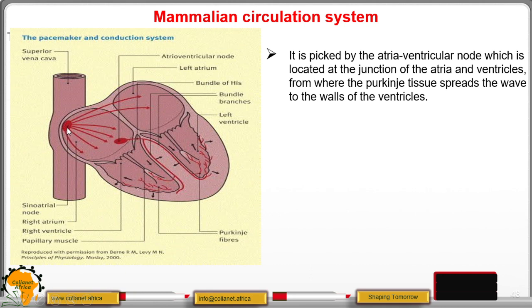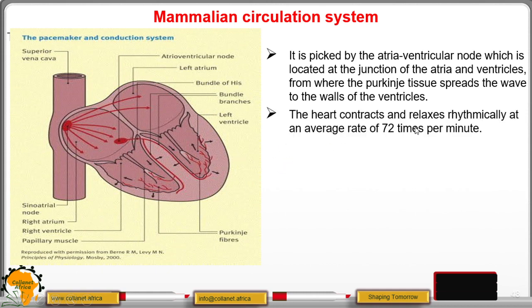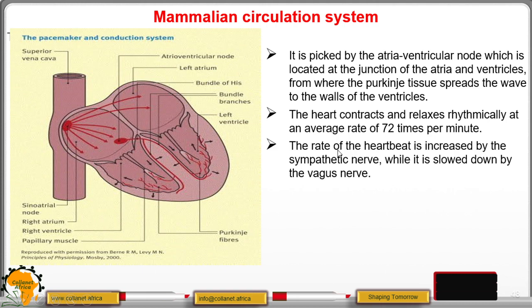Now that the sino-atrial node stimulated a wave which was picked up by the Atrioventricular node, which is at the junction of the atria and the ventricle, the heart contracts and relaxes rhythmically at an average rate of 72 times per minute.